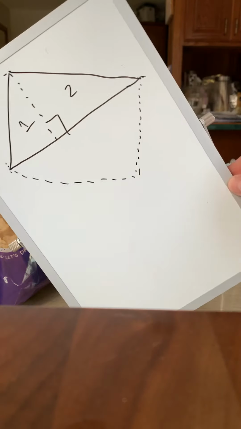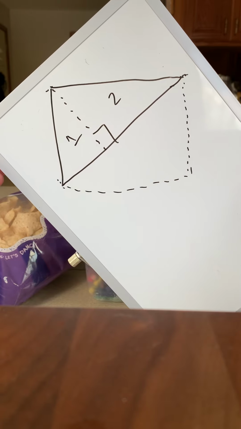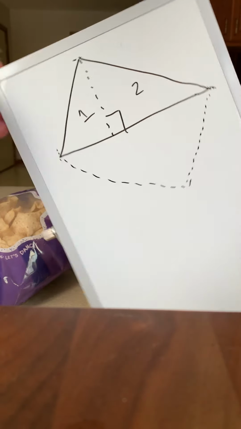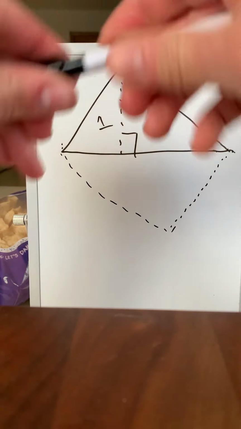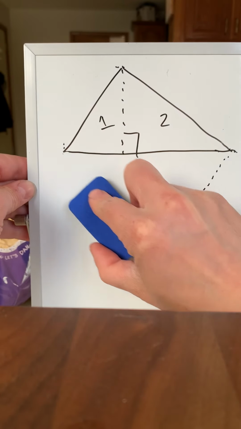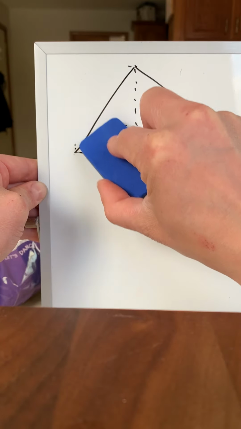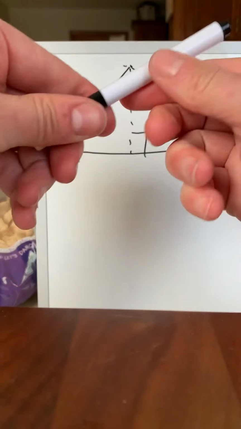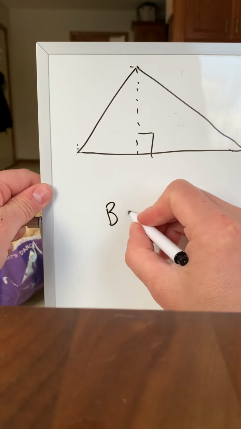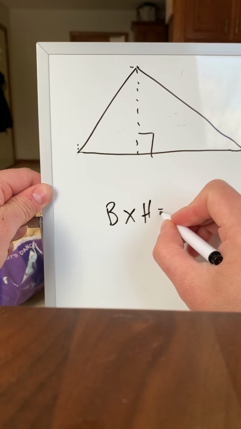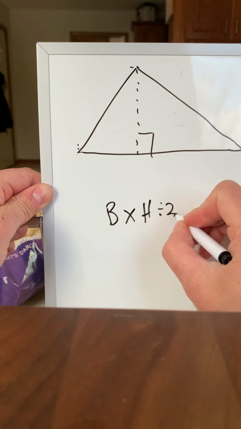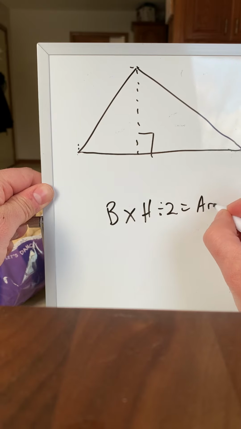So I guess if you tilt it this way, the one I just made, it looks like a rectangle if you tilt it. So anyway, it's still the rectangle idea. So you still do the same process. Base times height divided by 2 equals the area.